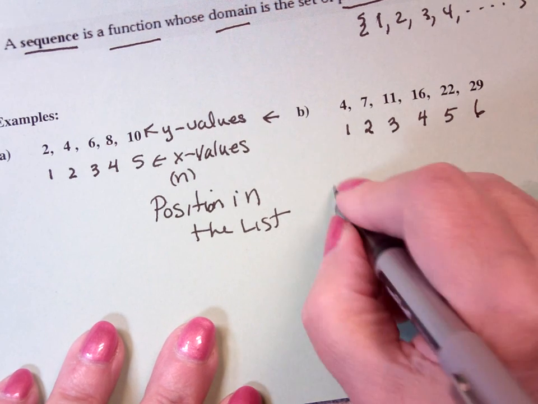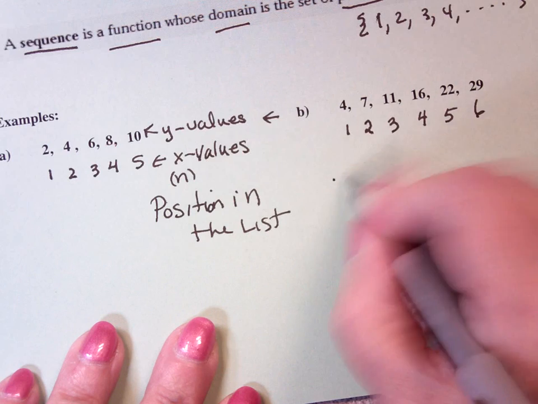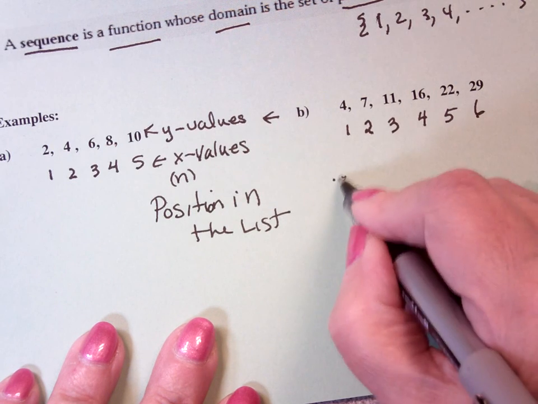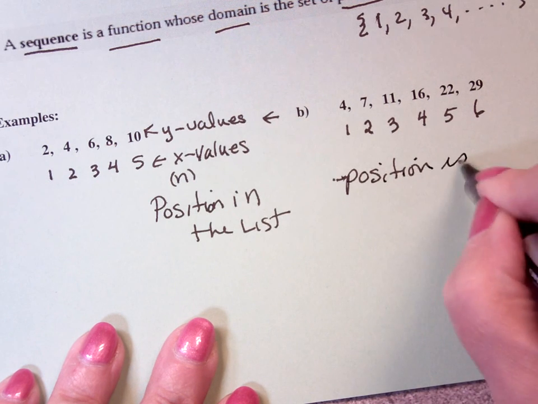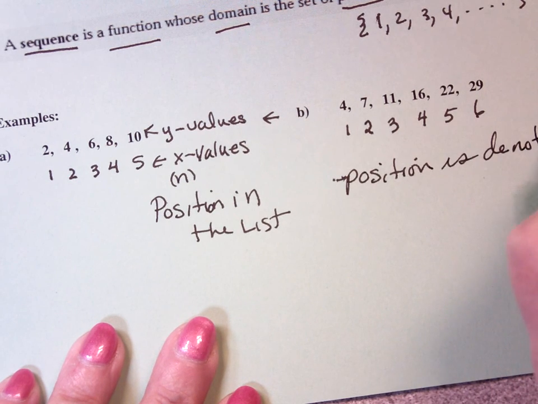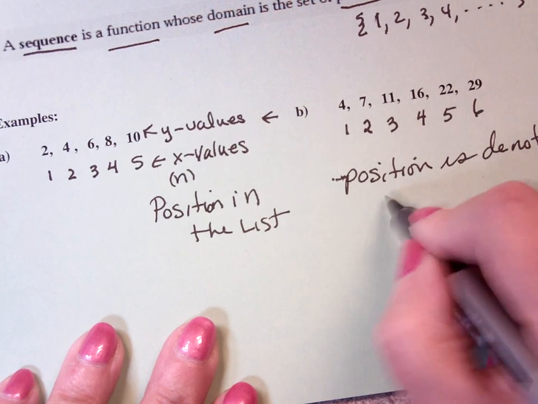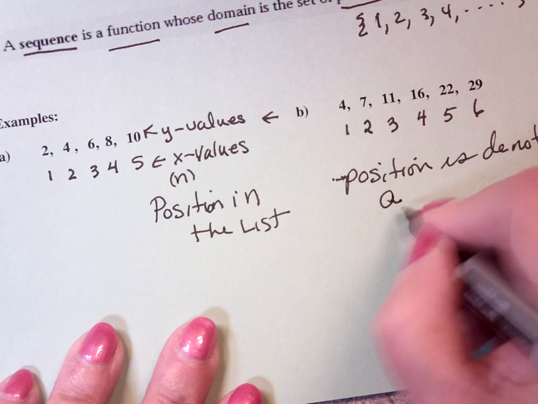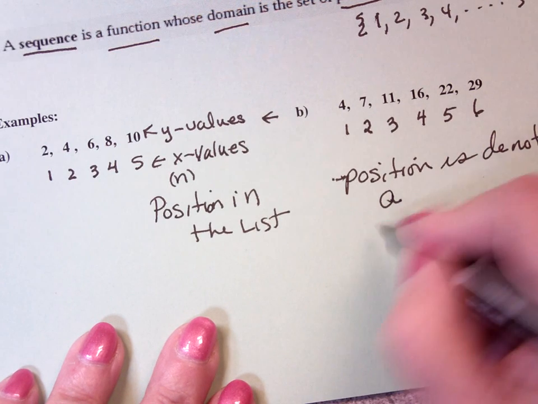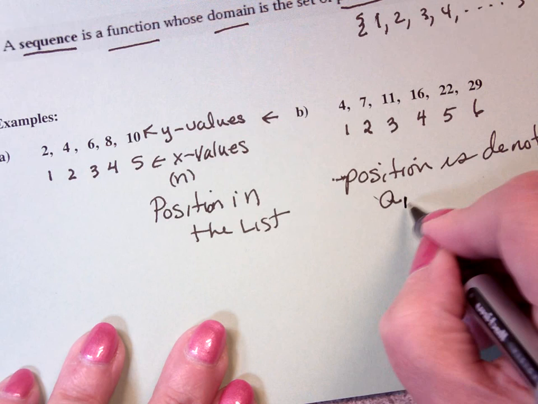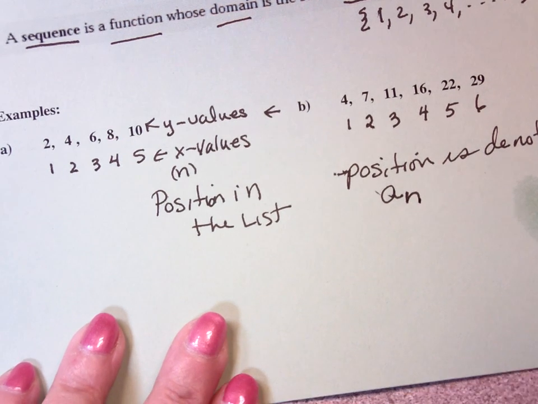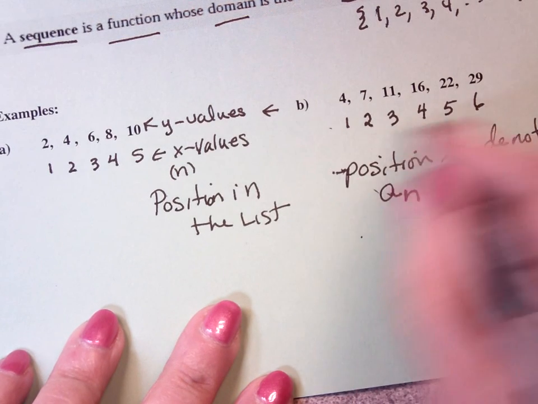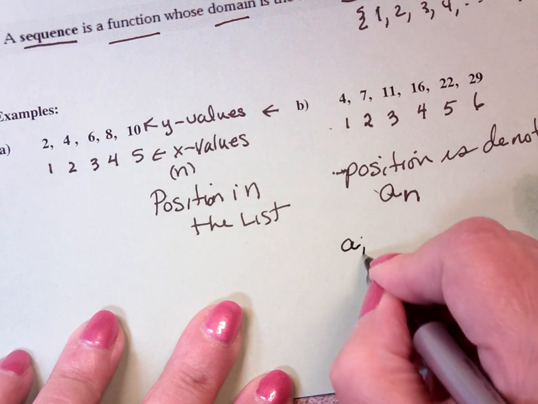Now if I look at this, a position is denoted by A or some other letter. It could be A, B, C, D, E, F, G, any letter of the alphabet. And then the position number is a subscript. So in this list, A sub 1 equals 4.